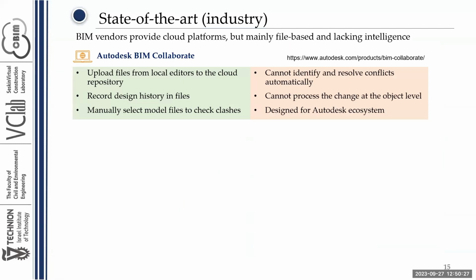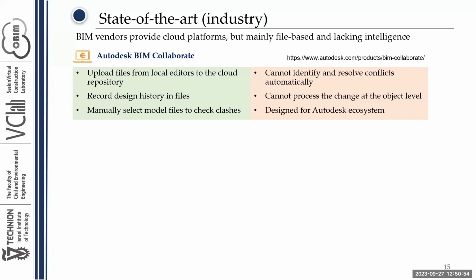For example, the Autodesk BIM Collaborate allows you to upload files from local Revit software to the cloud, and it can help you record the design changes in files. And you can manually select different files, then compute the clashes between them. However, the platform cannot help you automatically identify and resolve all those changes across domains.